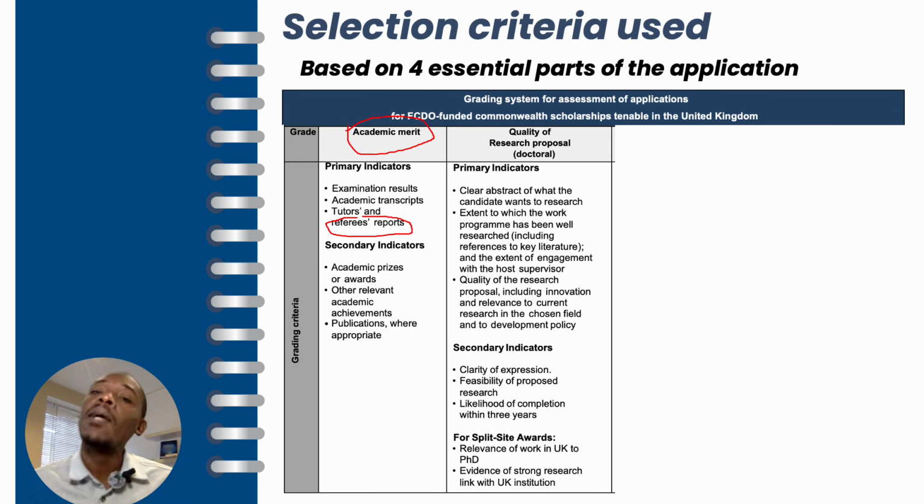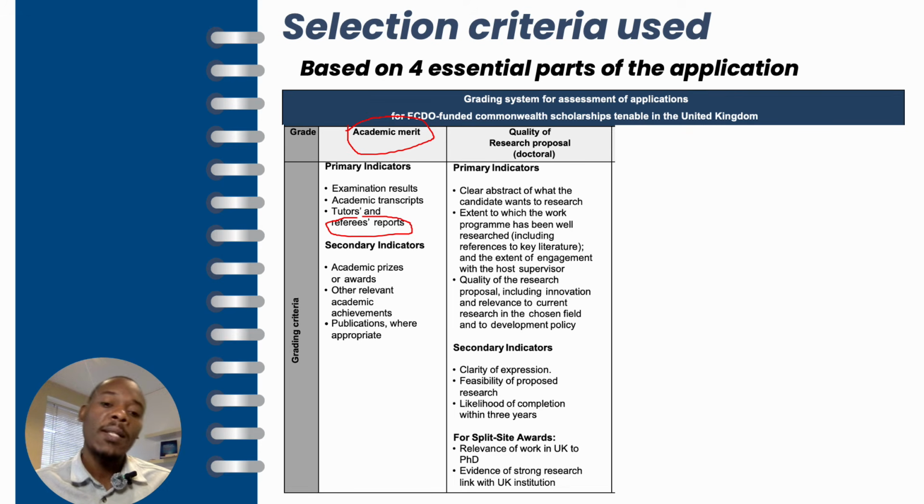That plan becomes a primary indicator. So you need to give a comprehensive plan demonstrating clearly that you've looked at literature, you've identified the gap, and you've demonstrated the novelty of the research that you want to carry out. That will show that you have quality research, which will give you a high score when they look at the quality of your research proposal.